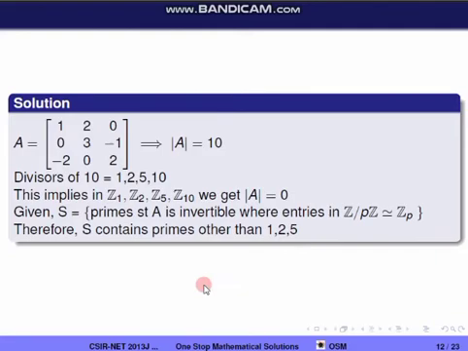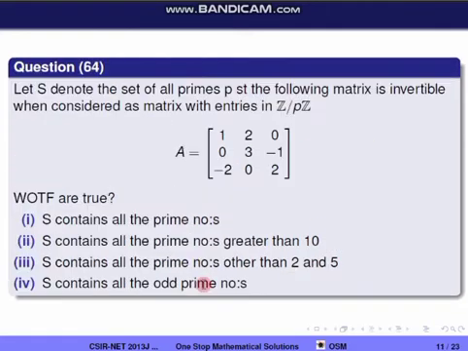So now we'll check the correct options. The first one states S contains all prime numbers. This is not correct because S only contains prime numbers other than 1 to 5. Second, S contains all prime numbers greater than 10. This is correct because S contains only primes except 1 to 5.